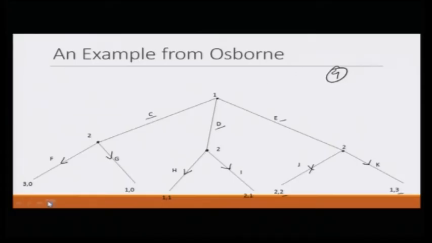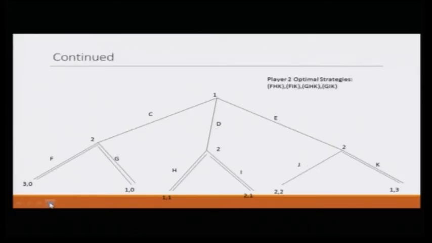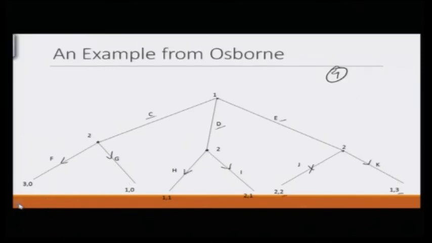How should we proceed now? Notice that we can say the best response from player 2. What would be the best response from player 2? No matter what player 1 is doing, the best response would be FHK. What is FHK? Play F if given a chance at this node, play H if given a chance at this node, play K if given a chance at this node.